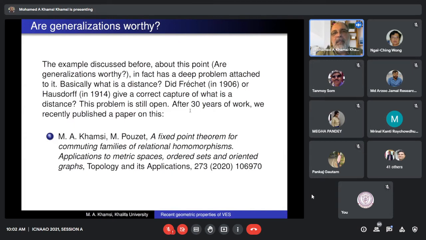It was really a big paper. And we had to cut the length to a certain number of pages. And did we answer the question? The answer is no. We have now an abstract formulation of what is a distance, okay?